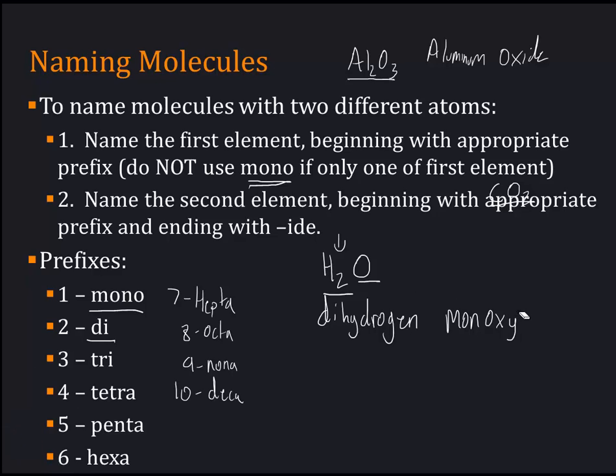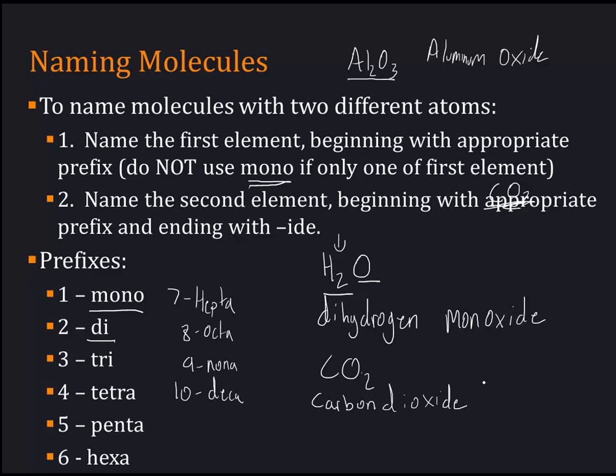So instead of monoxygen, I'm going to have monoxide. Like I was saying up above with CO2, that's carbon, and the prefix is mono, but since there's only one, I don't use it, so it's carbon. Then there's two oxygens here, so that's carbon dioxide.